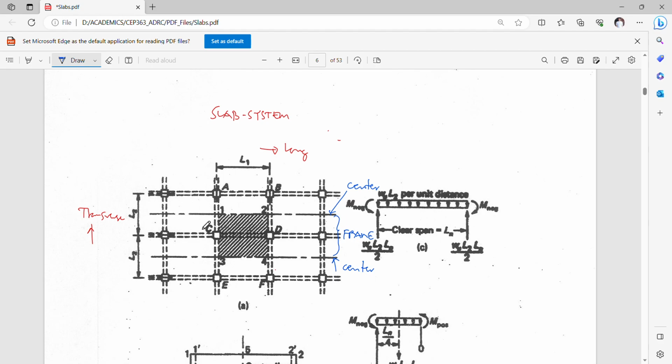In this strip, we have interior panels. The shaded portion here is actually the interior panel, and this is still the interior panel. Somewhere at the edges here are your exterior panels. If we consider the columns bounding the interior panel, let's analyze what will be the moment for this interior panel in terms of the longitudinal and the transverse direction.